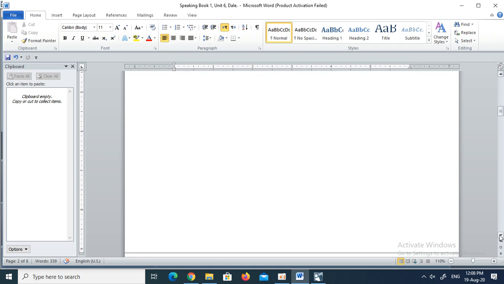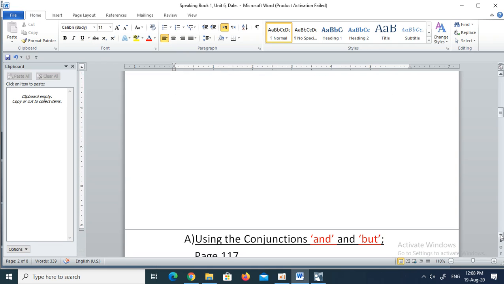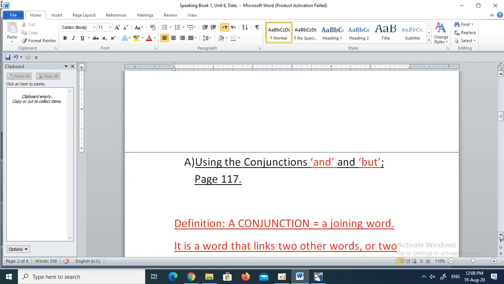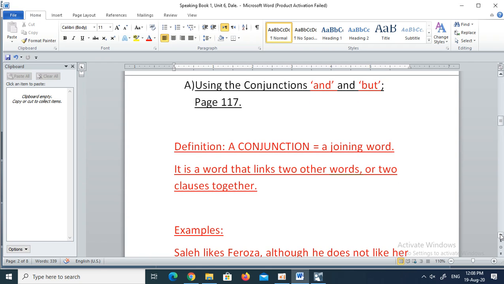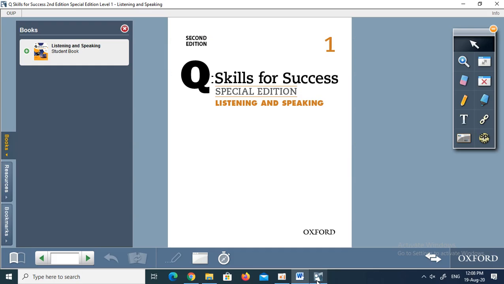Okay, let us all start off on page 117 using the conjunctions and but. Okay, page 117.